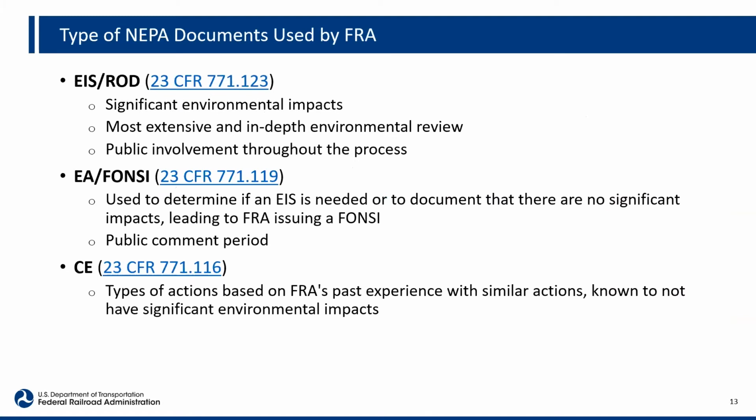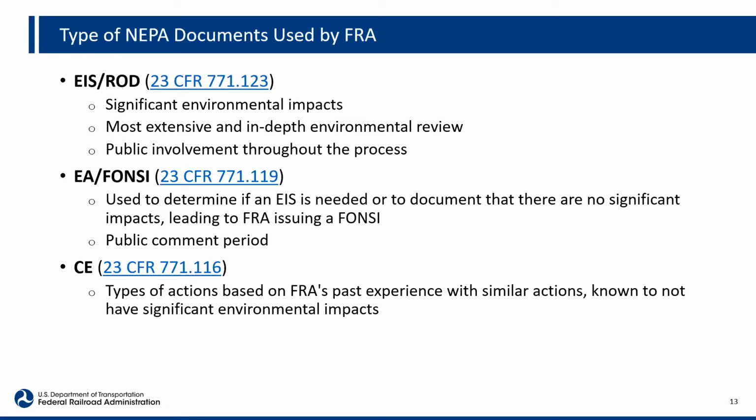So as I was describing previously, the categorical exclusions, CEs, that's the last bullet point actually, that are described at 23 CFR 771.116 are the types of actions that we know from past experience typically do not have significant environmental impacts. The next class of action, which is the second bullet point, are EAs, environmental assessments, and then finding of no significant impact, or FONSI.